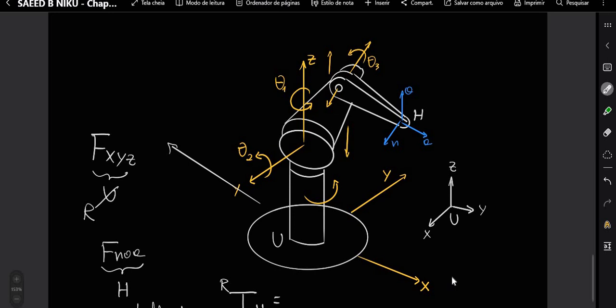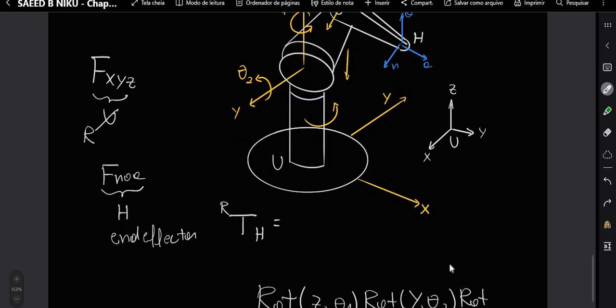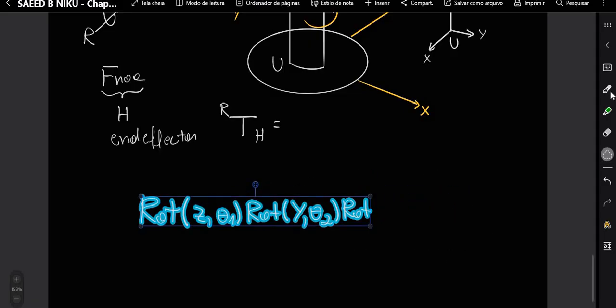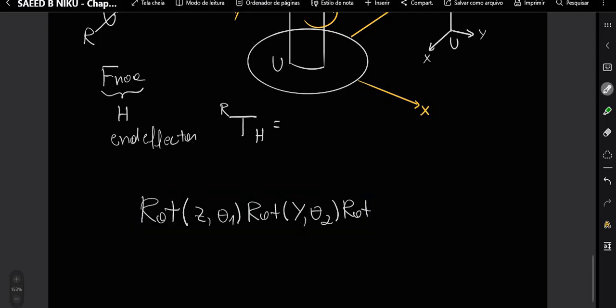And actually even this x-axis is not defined with y or x on the book. So these angles, maybe they will change, and I'm not sure about this.